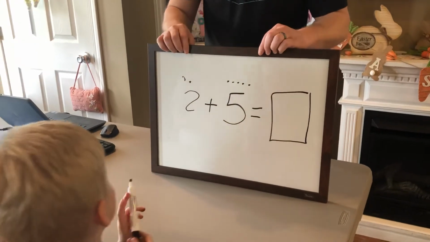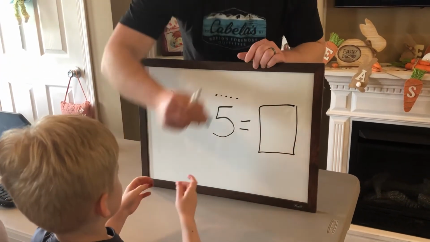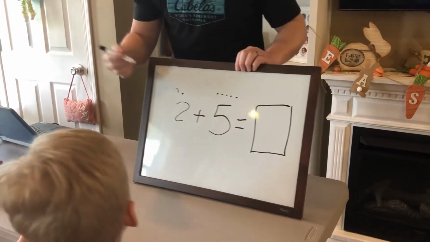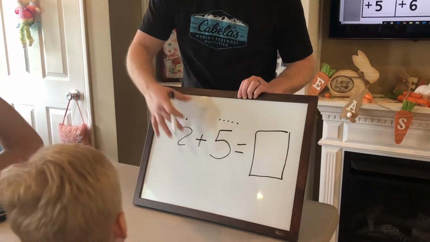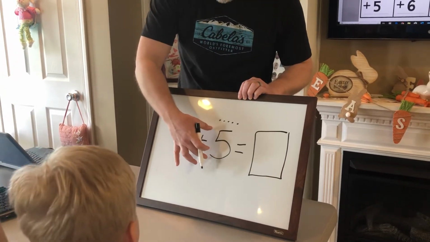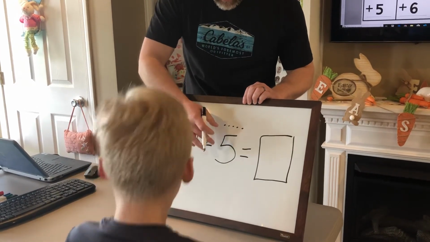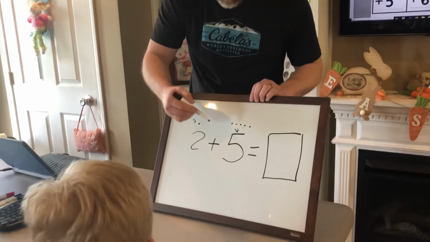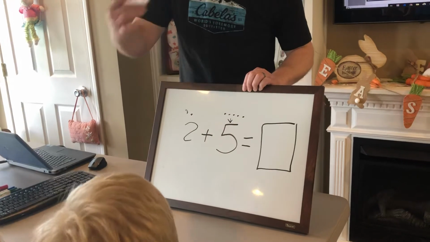And a really good trick to help here, guys, that I want to teach you is, one thing we typically like to do is count all of our dots all the way across. But if we know this number's 5, we don't have to count 1, 2, 3, 4, 5 dots. We know there's 5. See, we see the 5 right there. So we can count 5 and then count up from there.